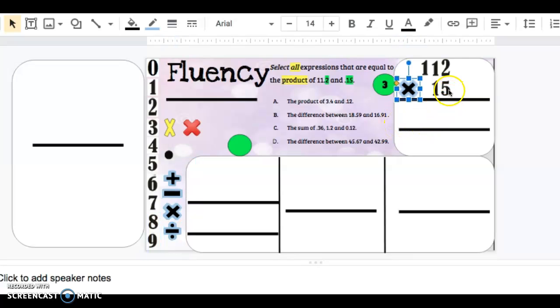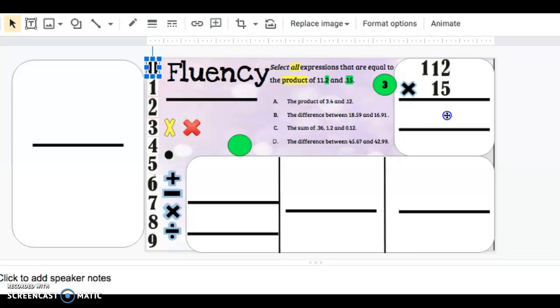And now I begin to multiply. 5 times 2 is 10. Bring up my 1. 5 times 1 is 5, plus that 1 is 6. And then 5 times 1 is 5.